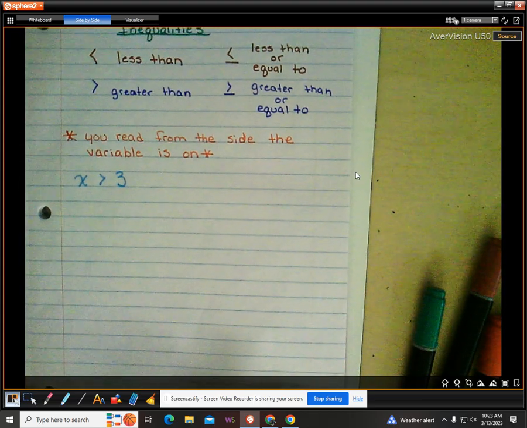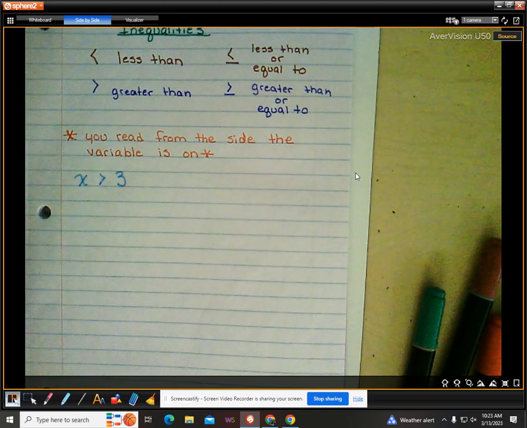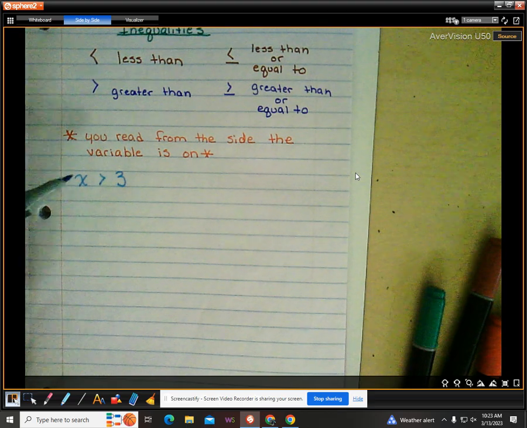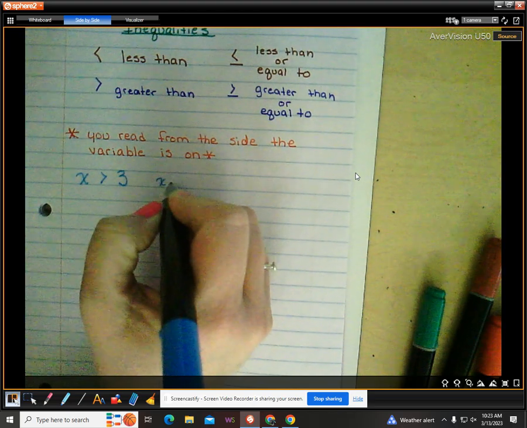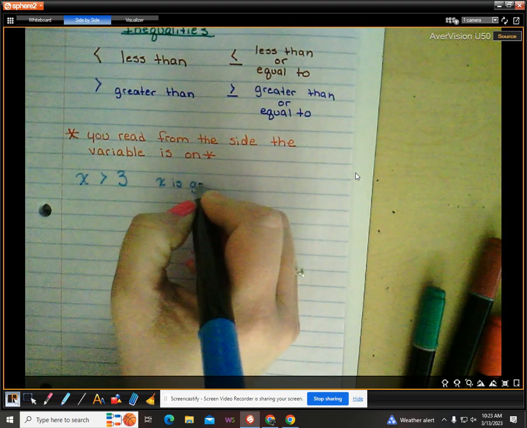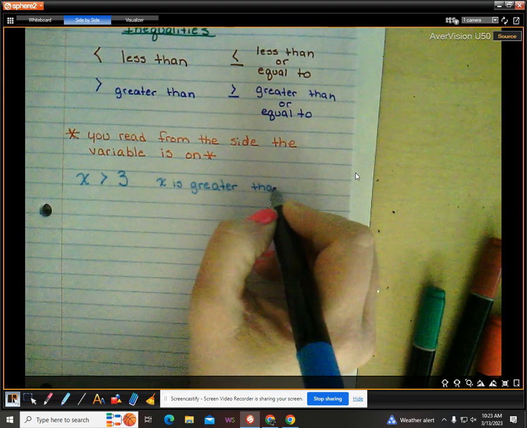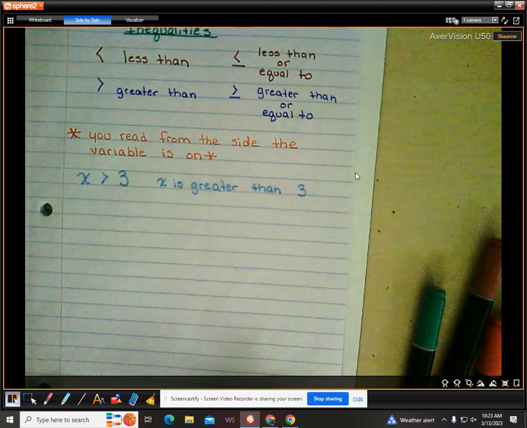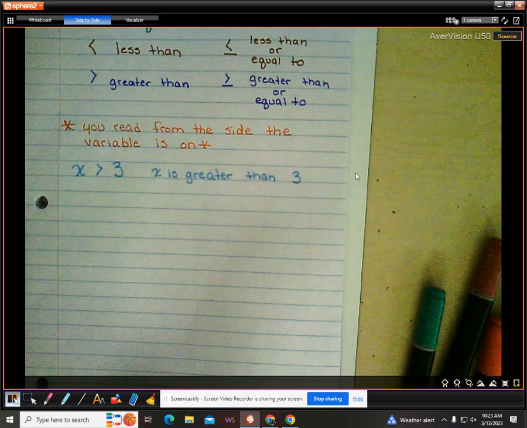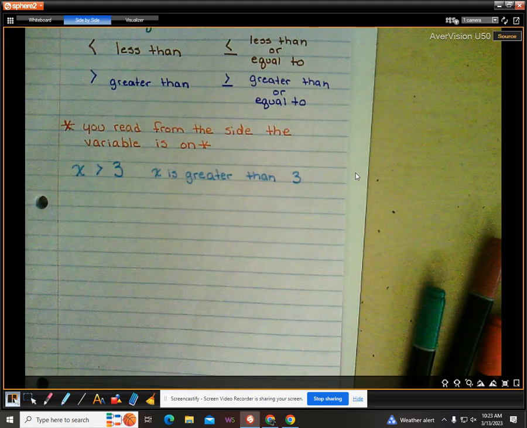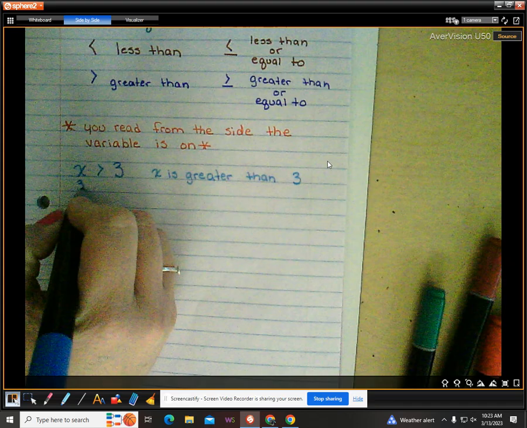Okay, so if we have this, we're reading from this left side, like we always read in America, from left to right, because the variable is on the left. So this would be read as x is greater than 3. Now, we could reverse that and write it this way.